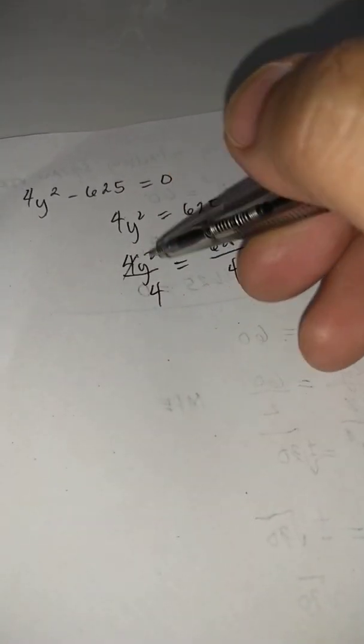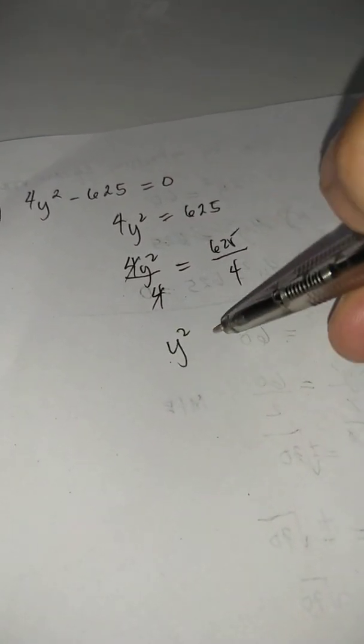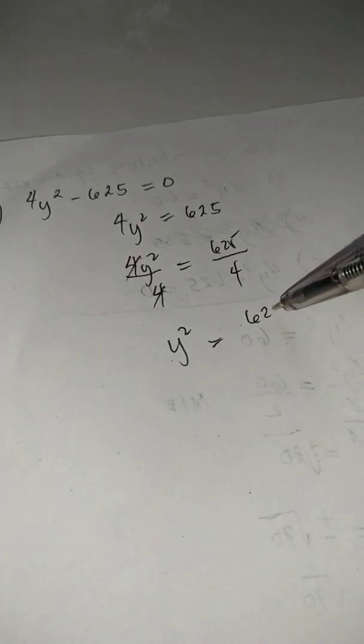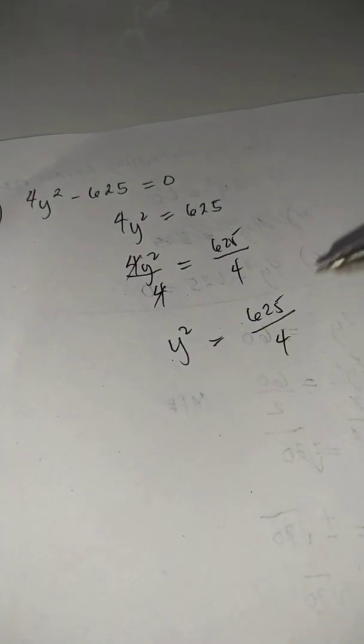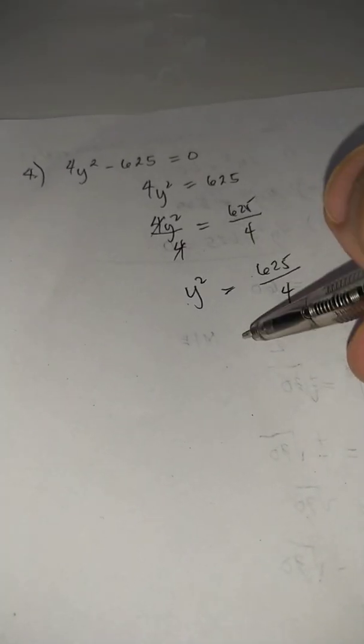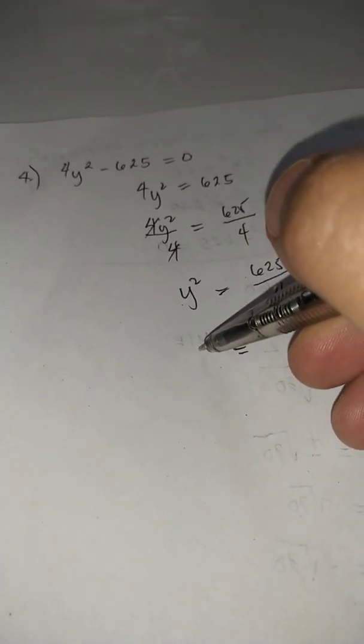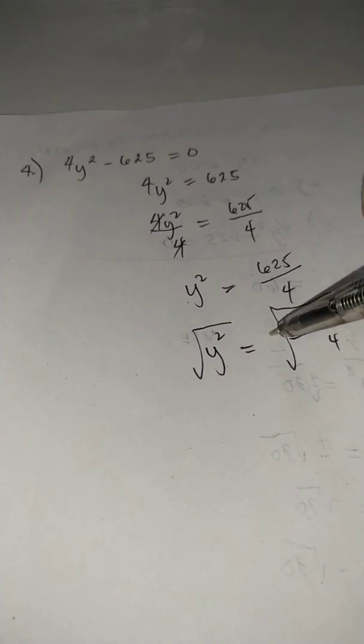So we have y square is equal to 625 over 4. Extracting the square root of both sides of the equation, we have 625, we get its square root.